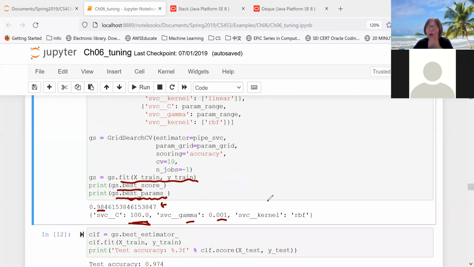And you can see the grid search also helps us pick the best model. So it uses the nonlinear one, the kernel one, not the linear one.